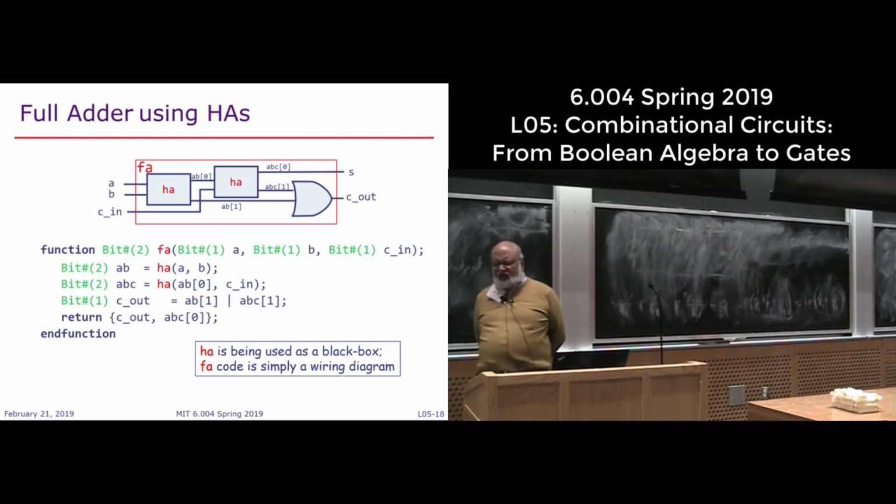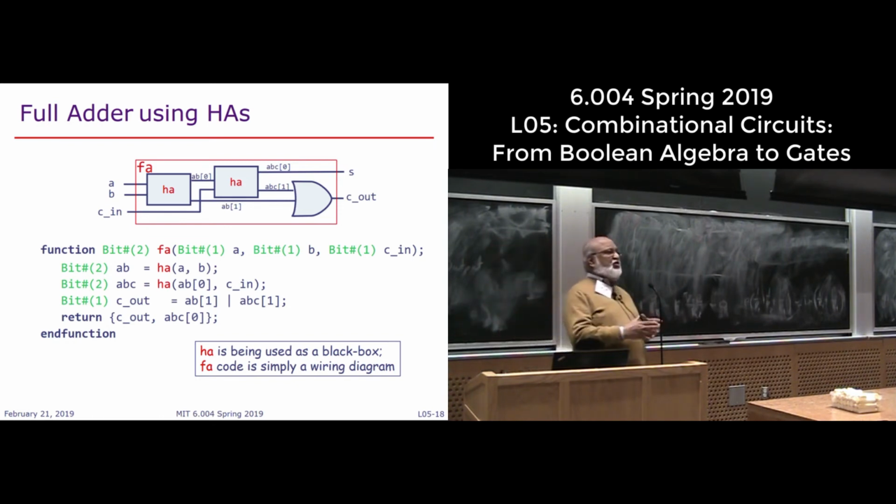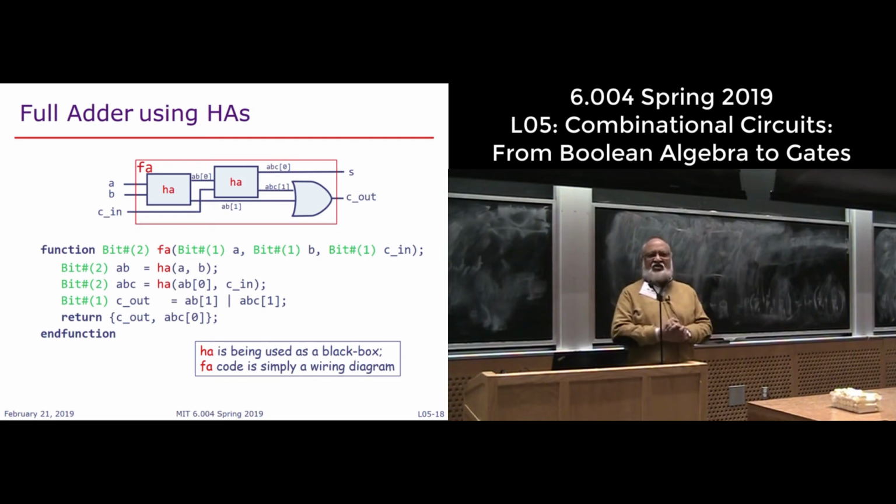There are several things worth noting about this, and the most important thing is, in writing this program, I do not know what half adder looks like internally. Abstraction, right? I'm using half adder as a black box. I'm using half adder the same way until now as I was using a gate. Right?